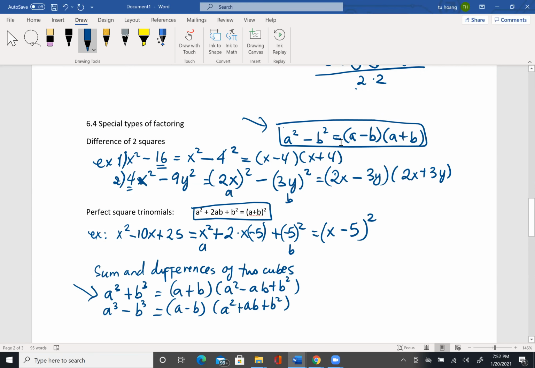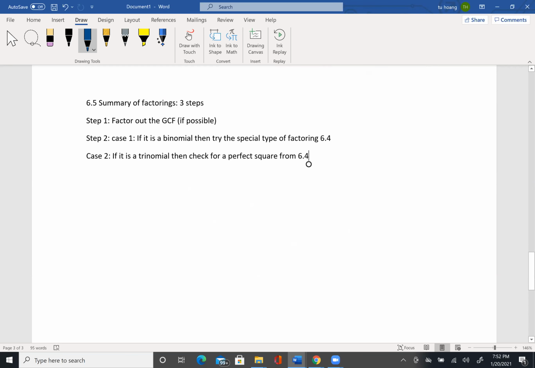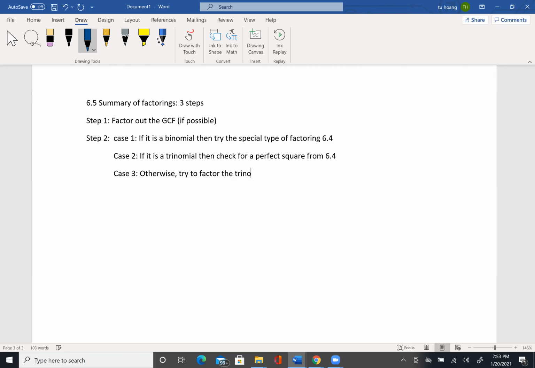Okay, other than that, case 3, I'm going to say otherwise, try to factor the trinomial by grouping.